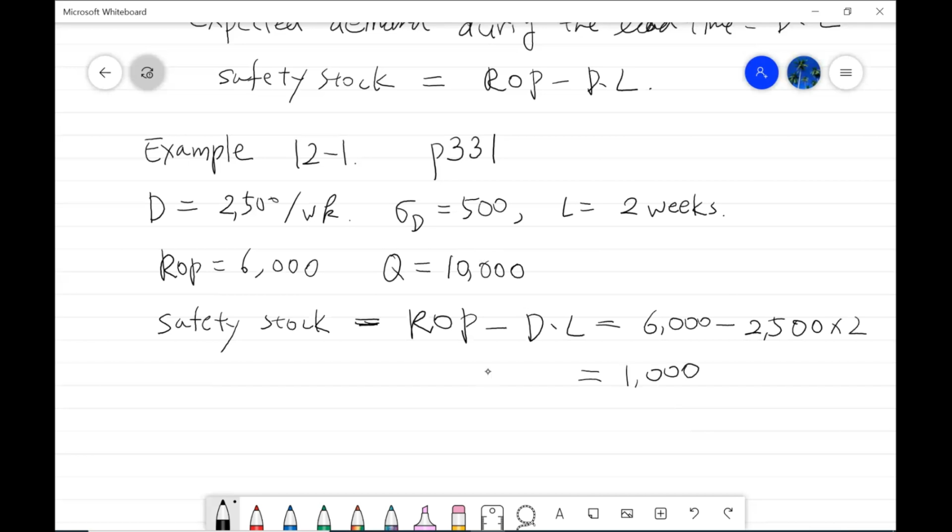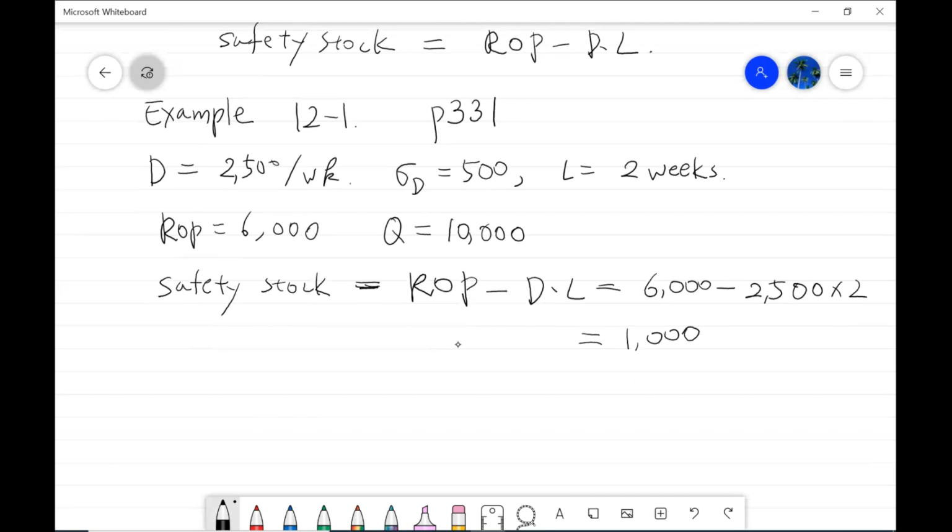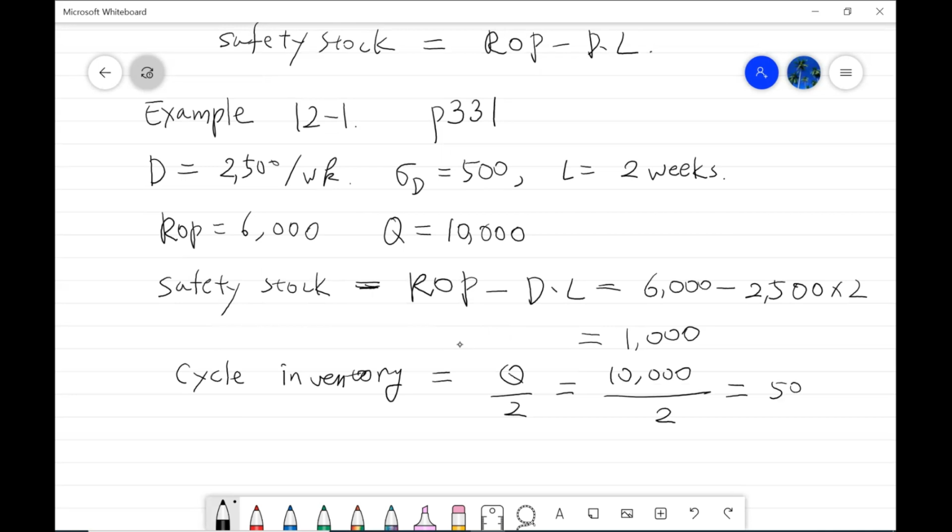That's the amount of safety stock you're supposed to have in your system. And then the cycle inventory: because we order exactly the same amount over time, we can calculate the average cycle inventory as in the EOQ, which is just Q divided by 2. So 10,000 divided by 2 gives me 5,000.